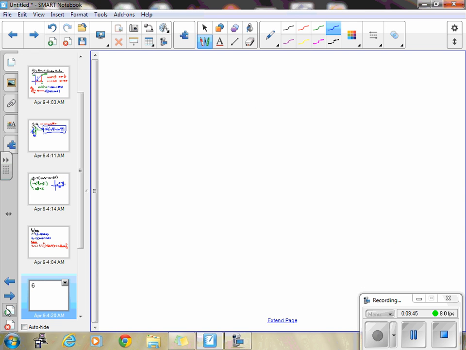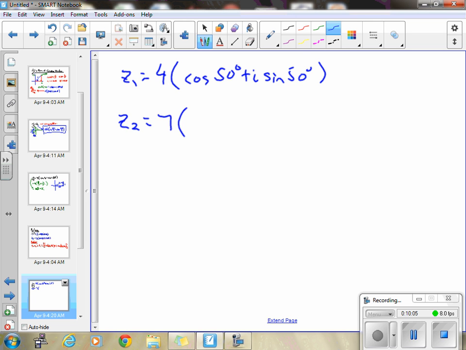So let's say we have one complex number, z1, which is going to equal 4 times the cosine of 50 degrees plus I times the sine of 50 degrees. And we have another complex number, z sub 2, which is going to equal 7 times the cosine of 100 degrees plus I times the sine of 100 degrees as well.